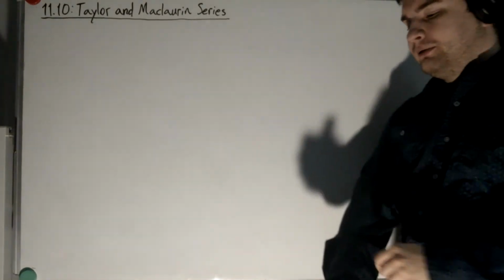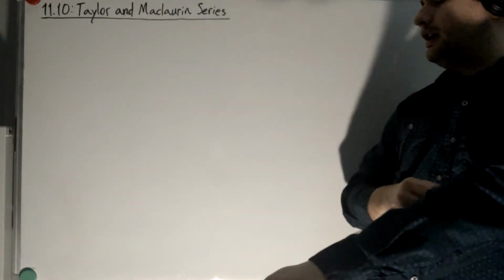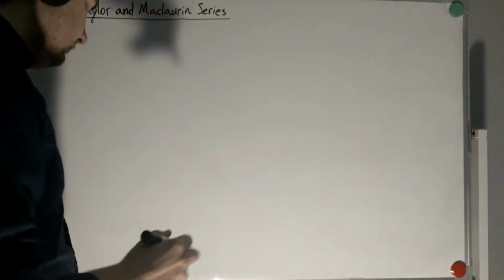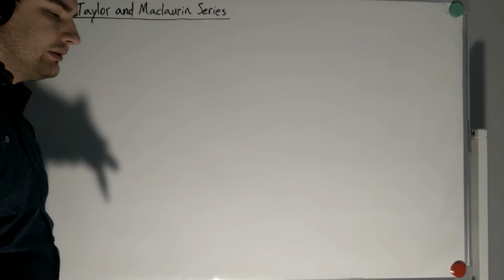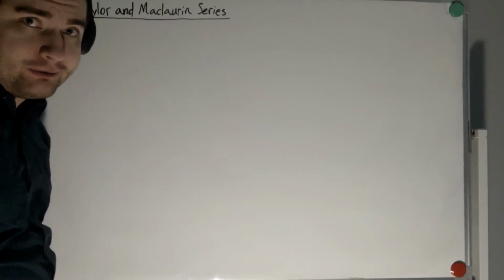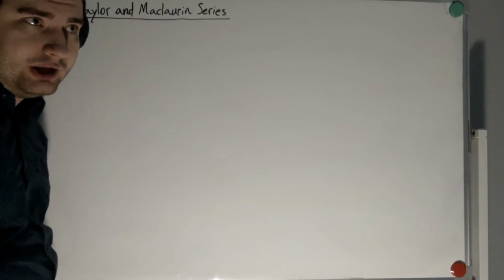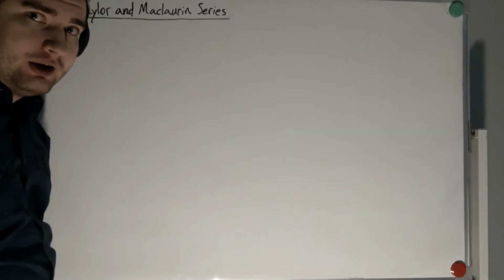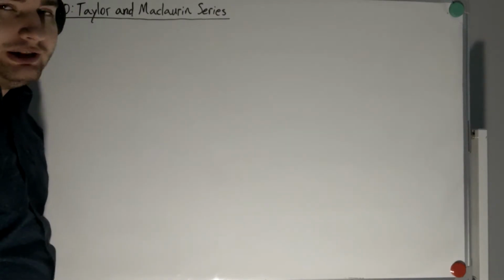So, first of all, I just want to introduce some notation here. If you wanted to take something like the 100th derivative of a function called f, well, you need some way to write that, right?